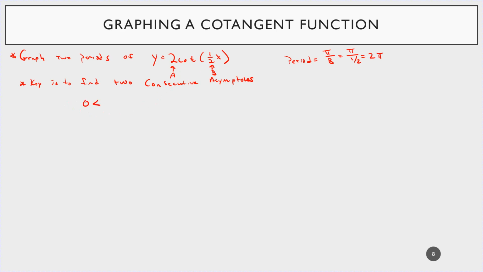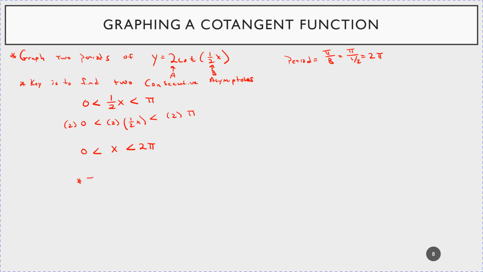All right, so all you do is you take this. 0 is less than what's inside here, 1/2 x, is less than pi. So to get x by itself, you're just going to multiply everything by 2. Well, 0 times 2, that's still 0. 2 times 1/2, that's just x. And then 2 times pi is just 2 pi. So what this means is you've now found the 2 consecutive asymptotes.